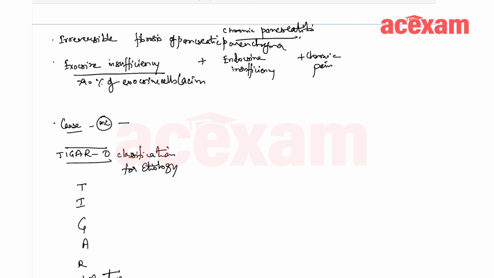Okay. There is presence of exocrine insufficiency, which occurs when more than 90% of exocrine cells, which are acini or acinus, are damaged. Endocrine insufficiency generally occurs when more than 90% of islet cells are damaged.